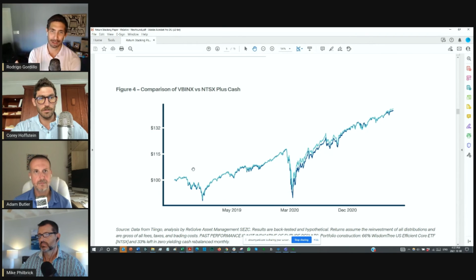If I had added a cash yield on that 33%, even though it's very low, you're going to be able to bump up your portfolio by whatever money market fund you can find. Right, so it is that cheap. This is not theoretical anymore. This is real life results of being able to apply this structural alpha to a product.